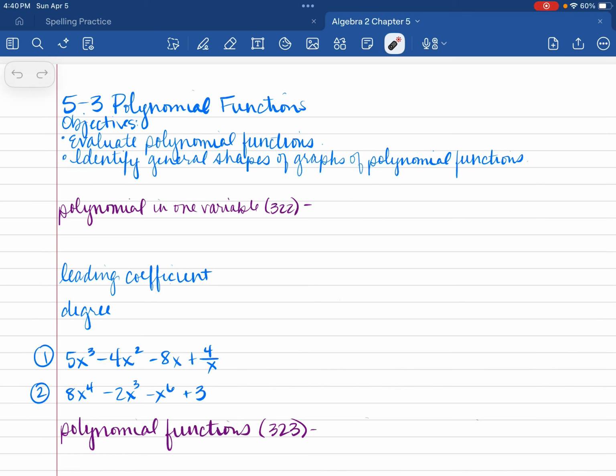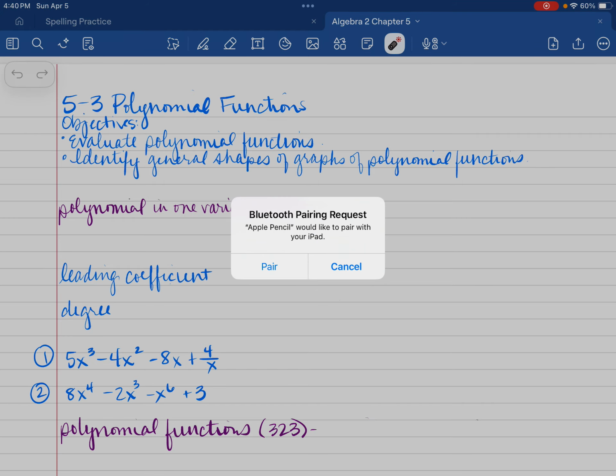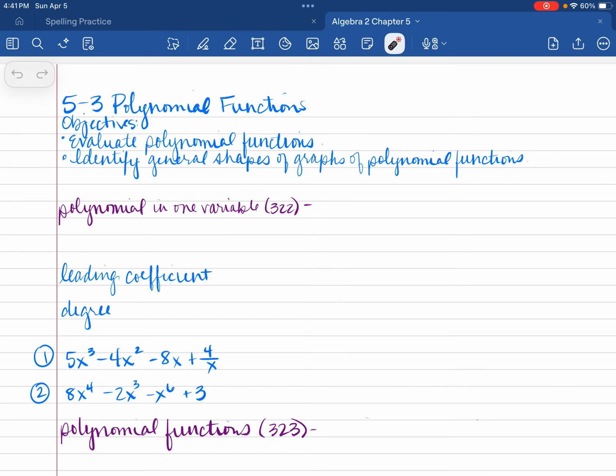Okay, section 3. This is going to be split into two parts. The first part is going to be identifying characteristics of polynomials and evaluating polynomial functions.